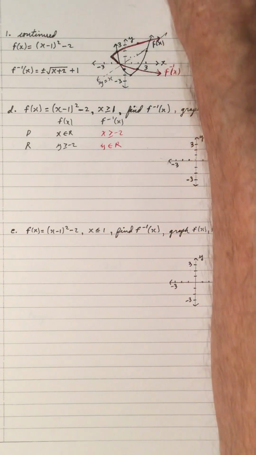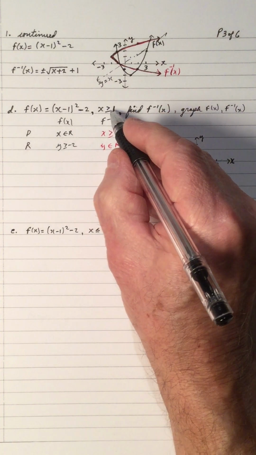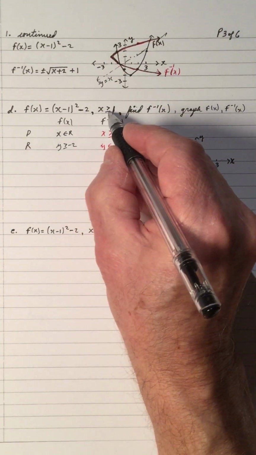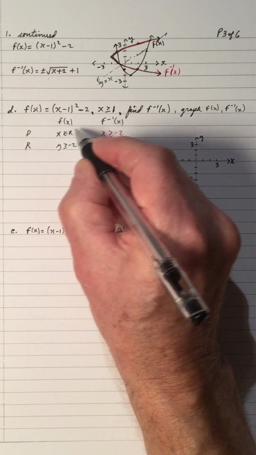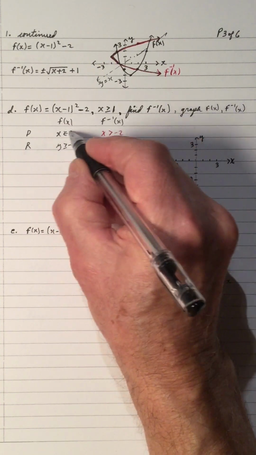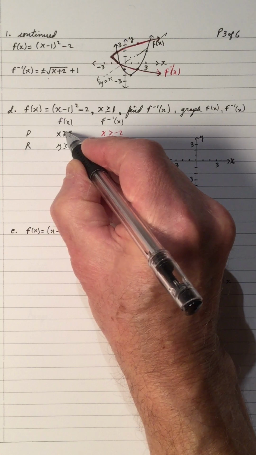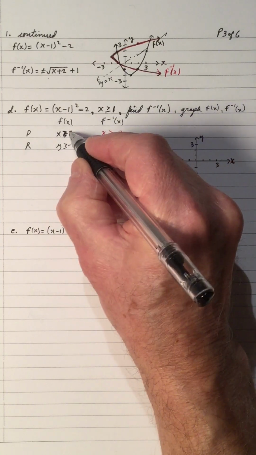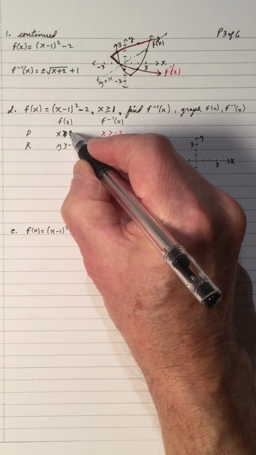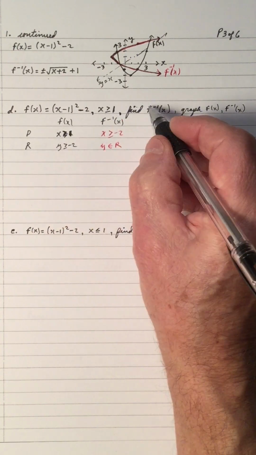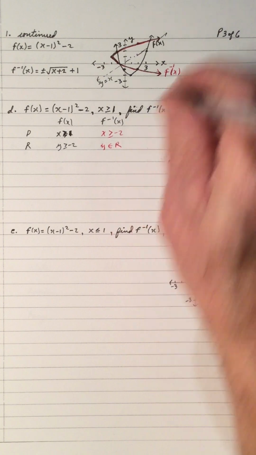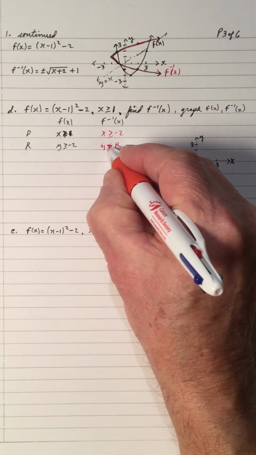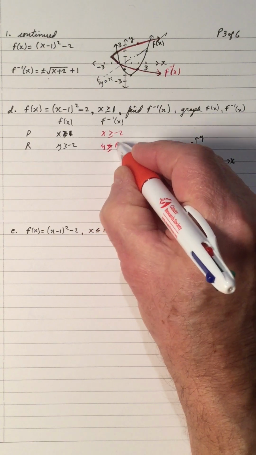But in this case, instead of having the main domain, I now have this condition. So instead of being just reals, I have x's greater than or equal to 1. Instead of having reals, I'm picking the right side. So that means that we change this: it is greater than or equal to 1.